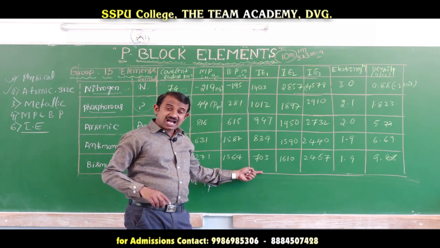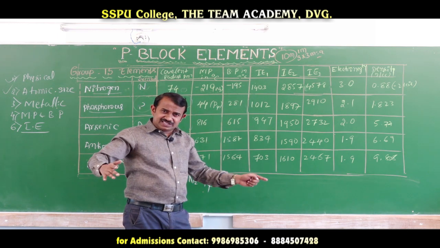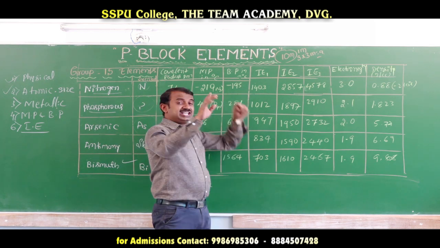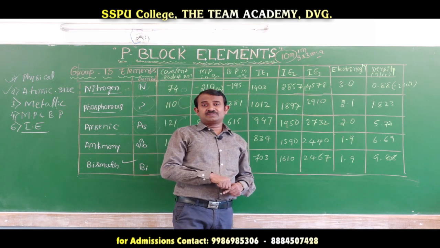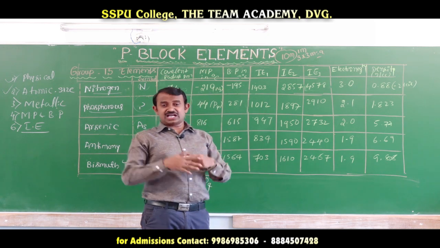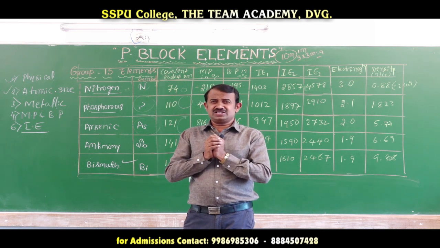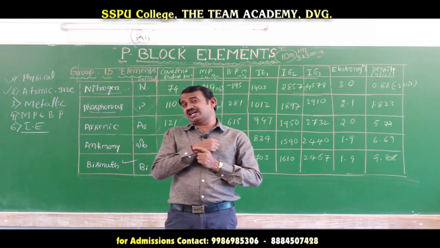Atomic size increases means ionization energy decreases. Nitrogen has the highest ionization energy because dinitrogen has a triple bond, so the ionization energy is more.